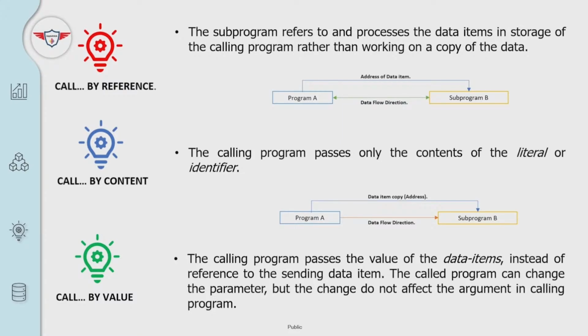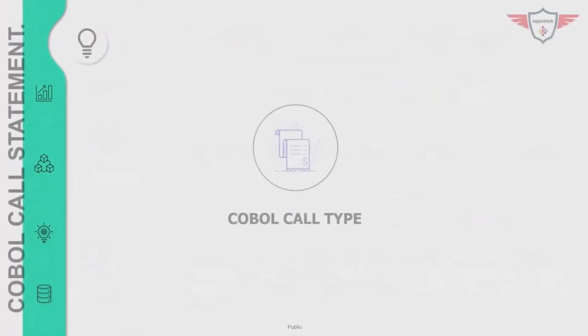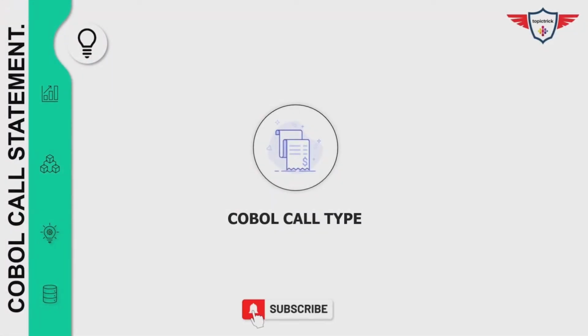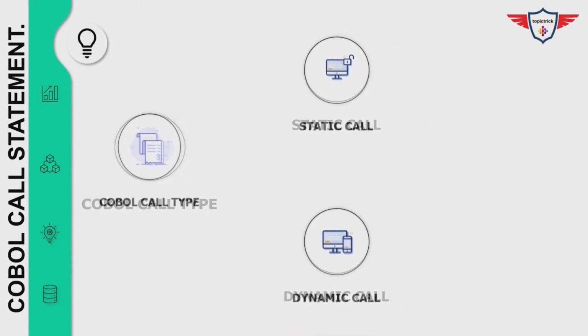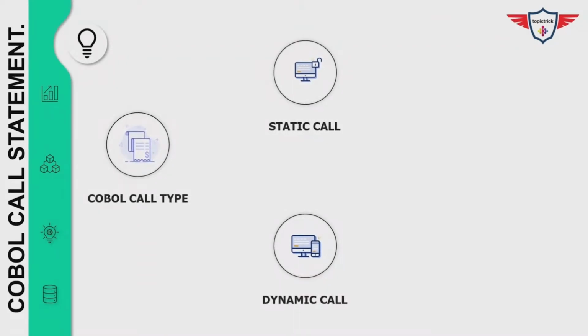Now let's focus on the various methods of transferring control from one program to another program. In general, the CALL statements are divided into two categories. The first one is static call and the second one is dynamic call. Now let's try to understand the difference between them. In a static call, the COBOL program and all the called programs are part of the same load module.